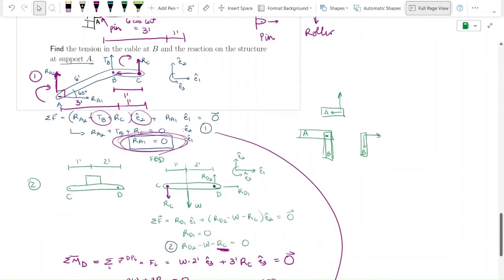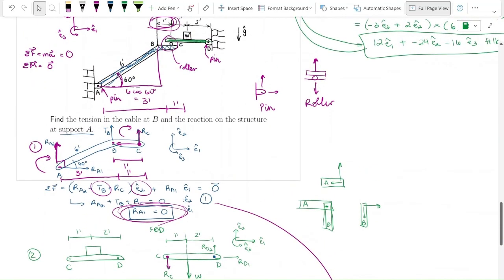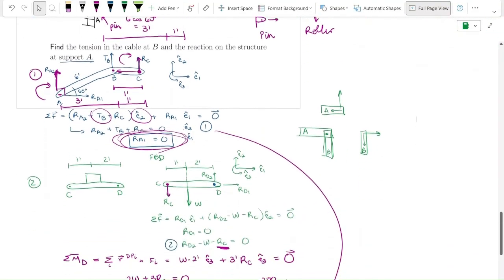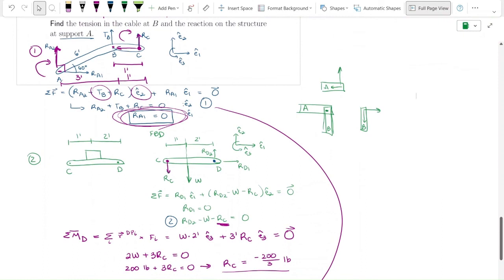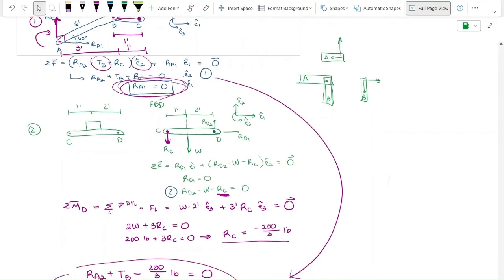The very important thing to note is that if you have a reaction force acting on two different bars at the same point, you're going to have to draw the reaction forces as equal and opposite in the two different free body diagrams. So in this case, on this free body diagram, we represented the roller to be in the upwards direction, so we have to have it be in the downwards direction in this second bar to satisfy Newton's third law.